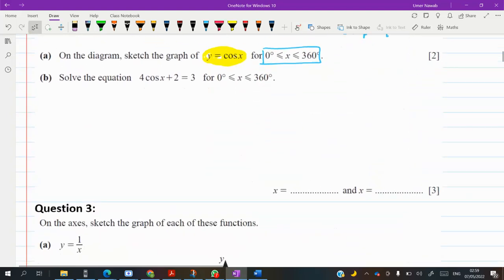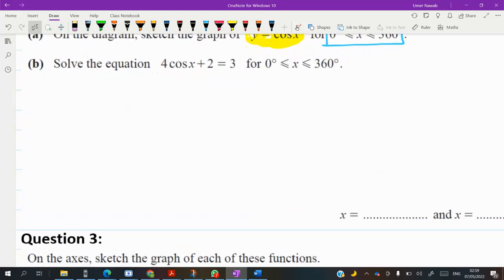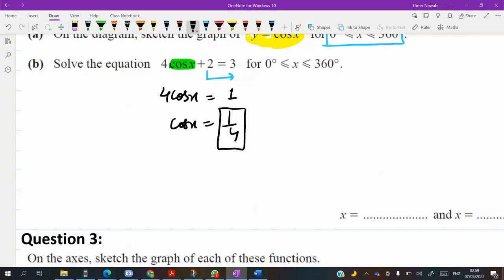Next he's asking you how to solve the trigonometric equation. To solve the trigonometric equation, you need to make cosine of x the subject. For this, we need to send the things to the other side. First 2 goes to the other side. 4 cosine of x is equal to 3 minus 2, which is 1. Then cosine of x is equal to 1 over 4. Now see your answer is positive.